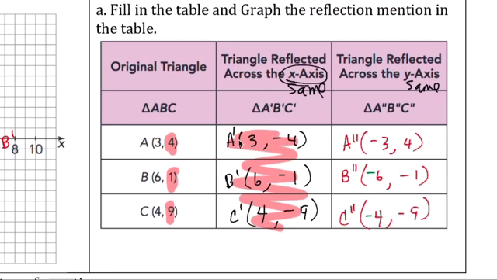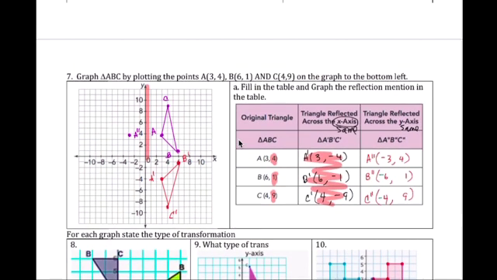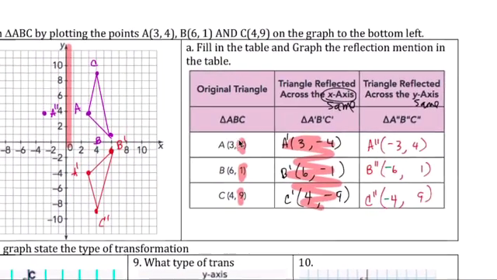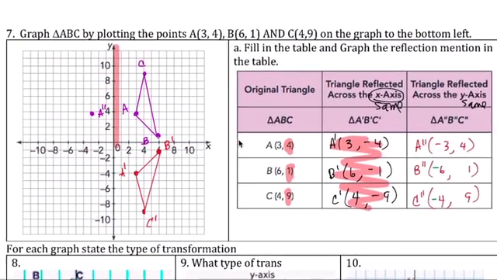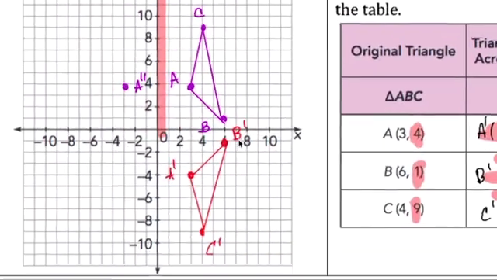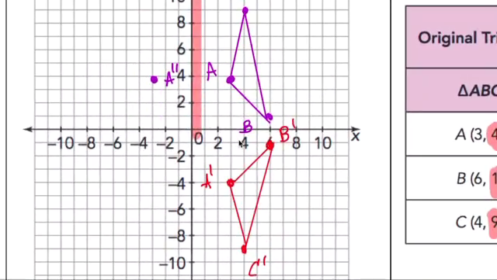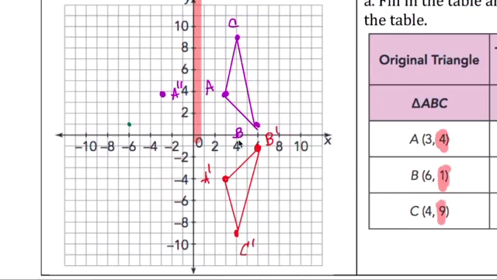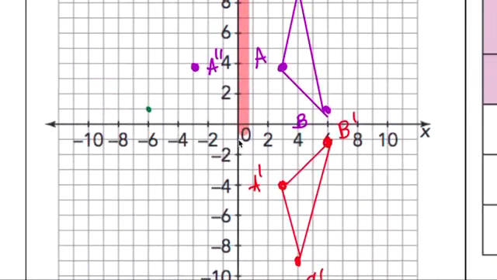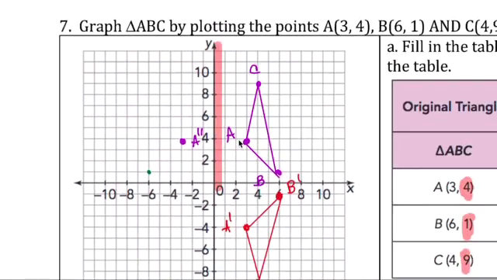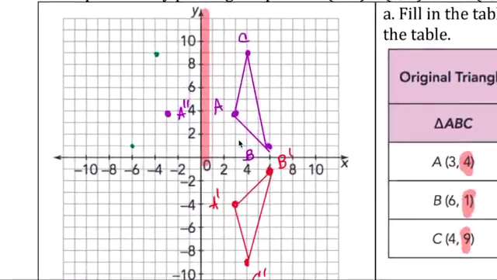Y is the same. I messed up. Negative 6, 1, because I know my plot won't be in the same spot. Negative 4, 9. That's C.